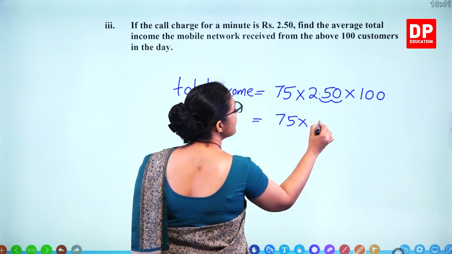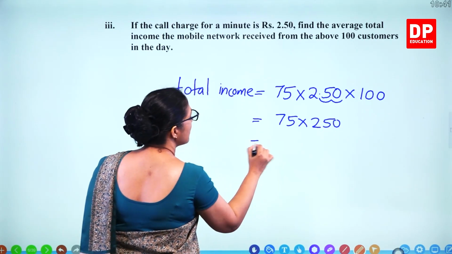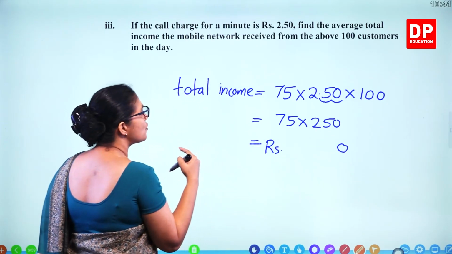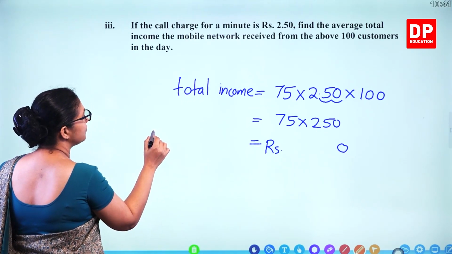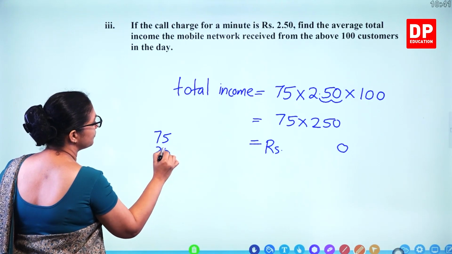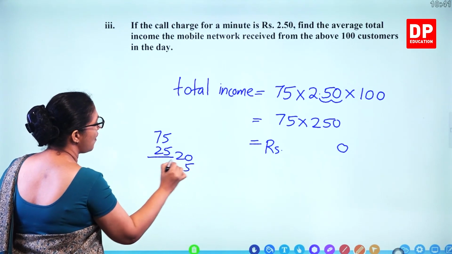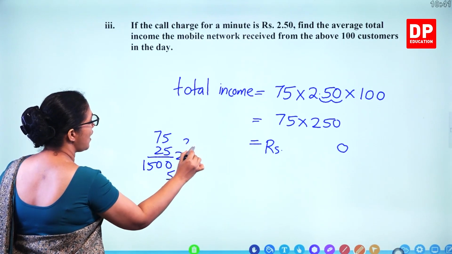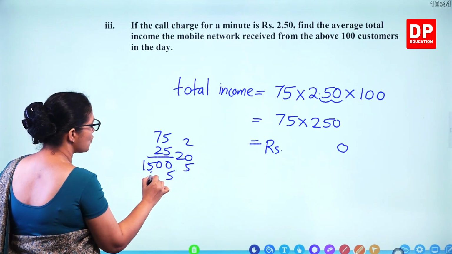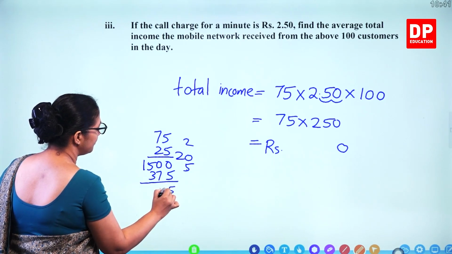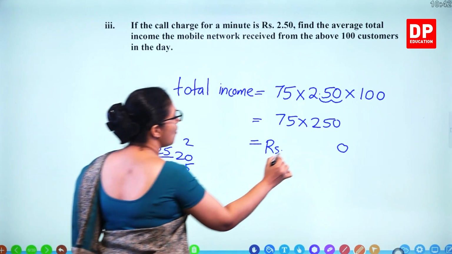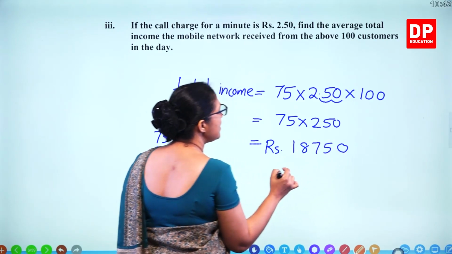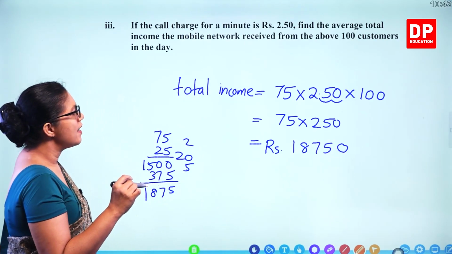When you multiply by 100, 250. 0, 25 times 75. 20 and 5. 5 times 5, 25. 5 times 7, 35 plus 2, 37. 1875. 18,750 rupees.